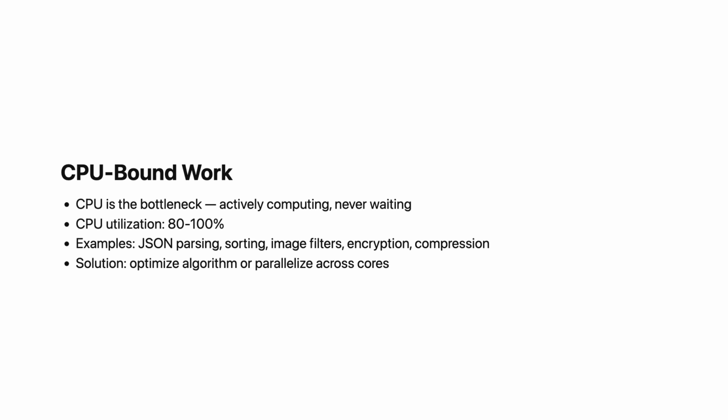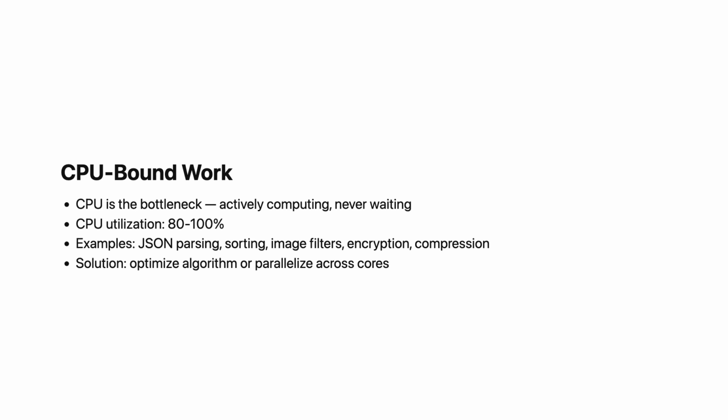It is always executing. I/O-bound work is work where the CPU is waiting for something external: a network response, a disk read, a database query, a Bluetooth device. The CPU has nothing to do. It issued the request and now it is just sitting there, idle, waiting for the response to come back.